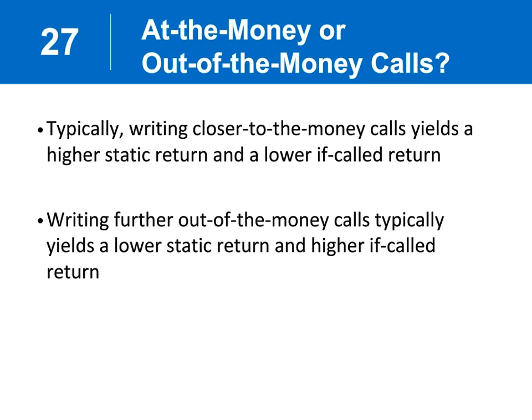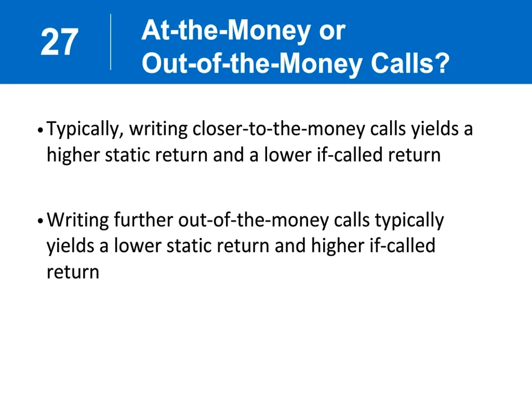Now let's think about at the money versus out of the money. An at-the-money call option, of course, has a lower strike price. Therefore, the premium is a little bit higher. The negative to selling an at-the-money call is that you can't participate in a stock move higher. You're under the obligation to sell shares right where you bought them. You received more premium to do that, but you have to sell your shares right there.